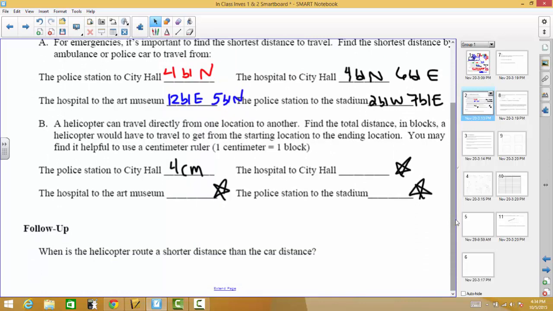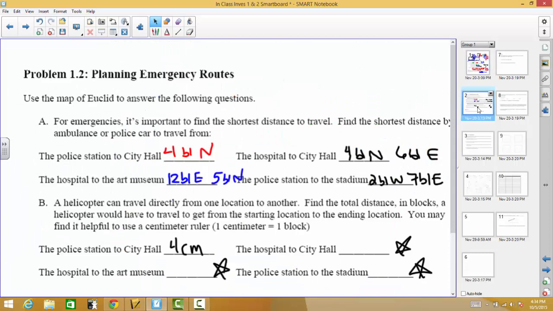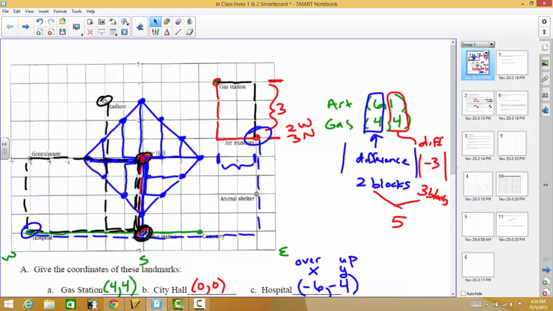But basically the question is, if you measure hospital to City Hall, this diagonal distance that a helicopter can make, the straight line, basically you're making a right triangle here. So this is by car, and that was 6 by 4. So this is 10 total. This is 6 and this is 4.